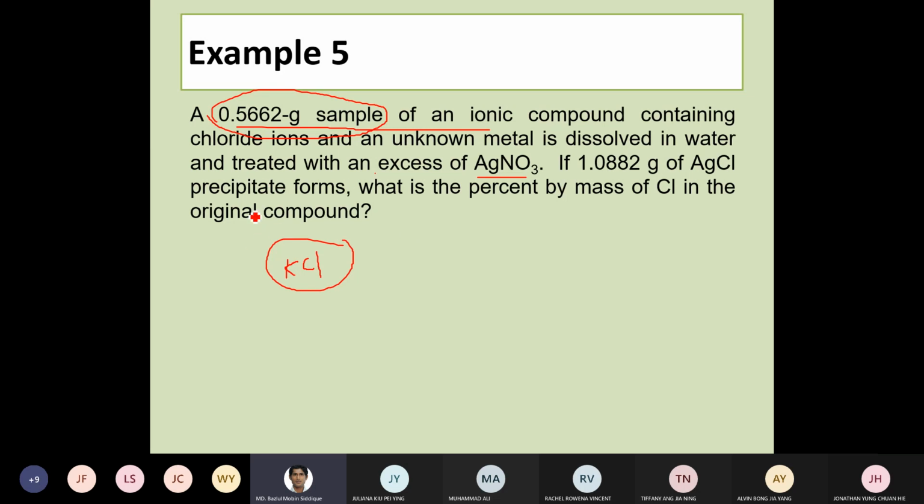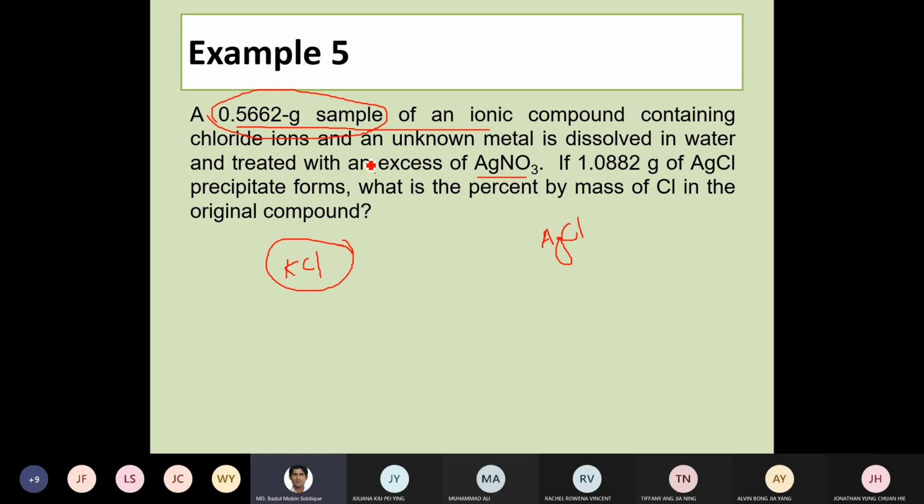We do not know how much will be enough. Let's say that 0.56 gram of sample, we add 10 milliliters. Even though it's 0.56 gram, we add an excess amount so that no chlorine will be left behind and everything will come out. This is how the silver chloride will be formed, and we have seen in the lab that silver chloride forms a white precipitate as well.